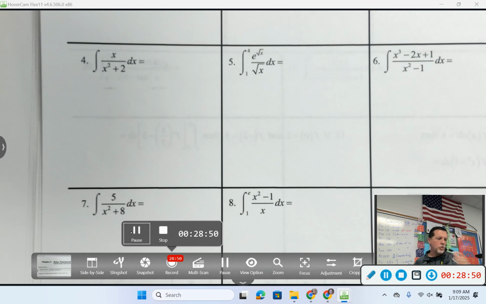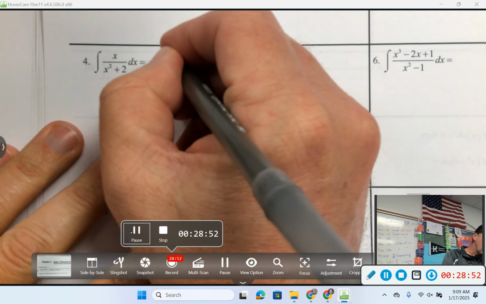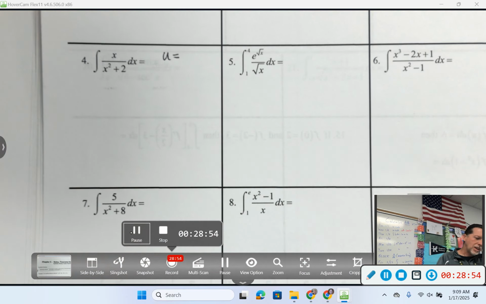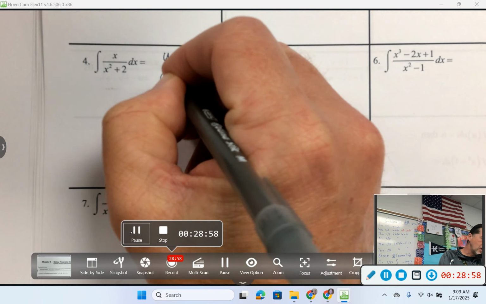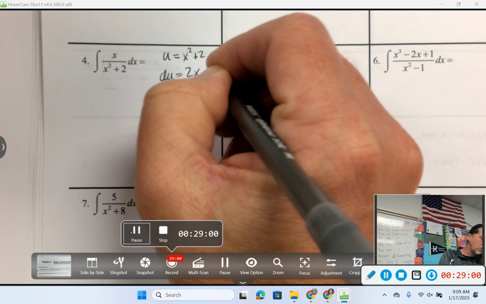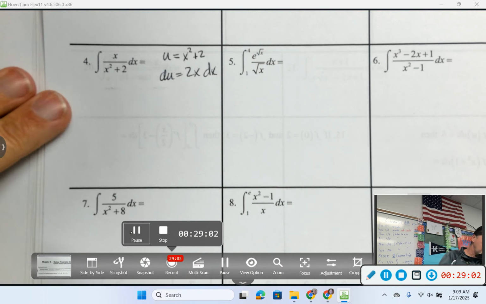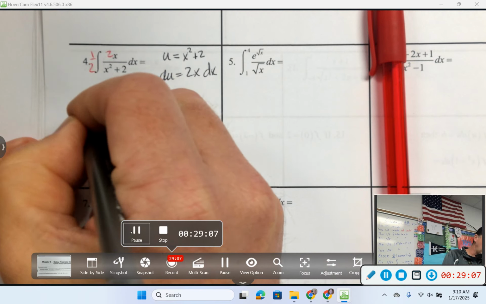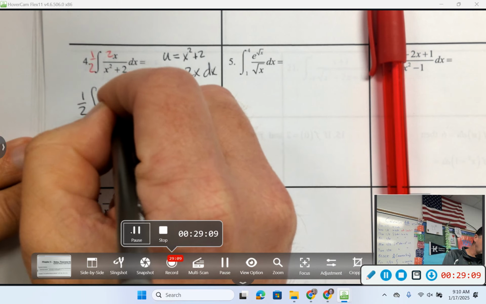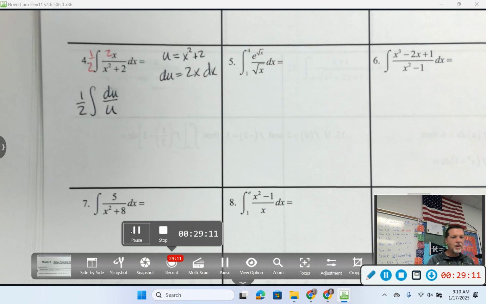So if you want to do u substitution, what would you let u be? I would do x squared plus 2, and then du is 2x. So I can fix that. So now I've got 1/2 the antiderivative of du over u. What's the antiderivative of du over u? Natural log.